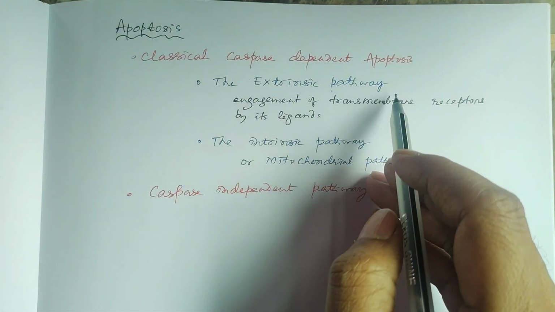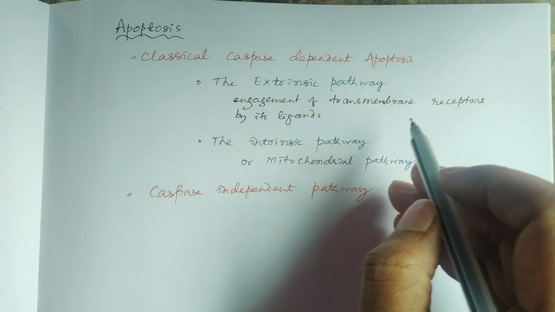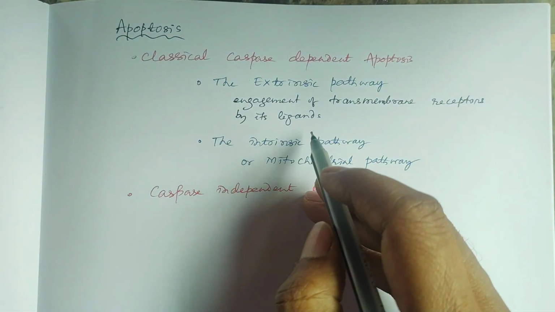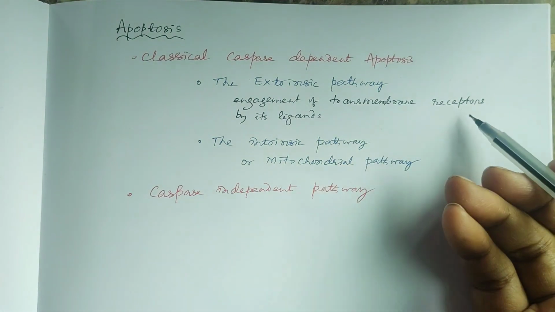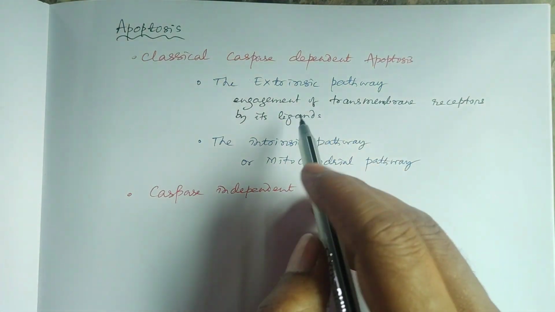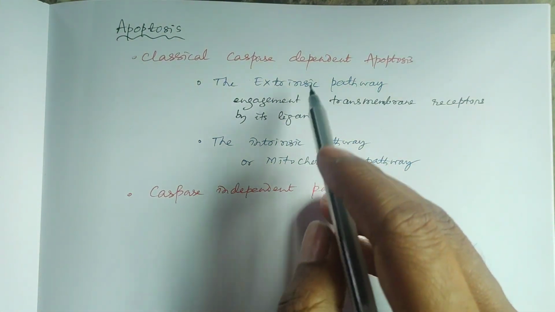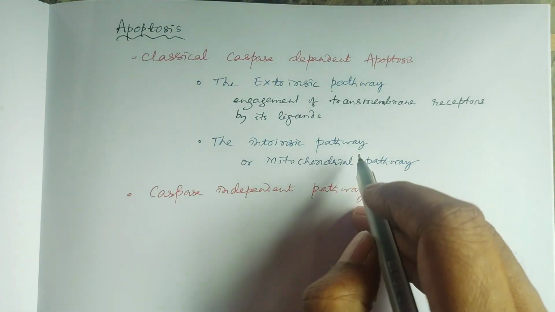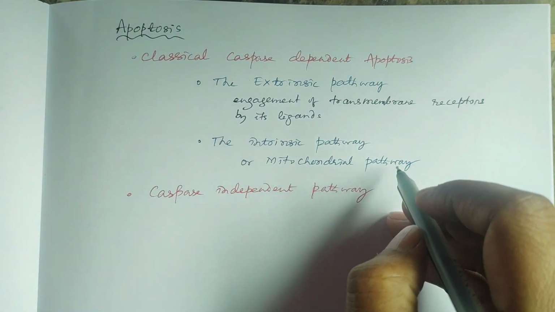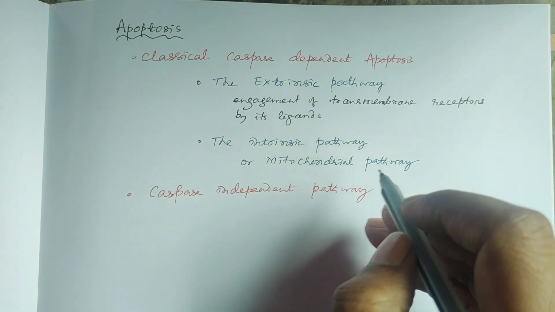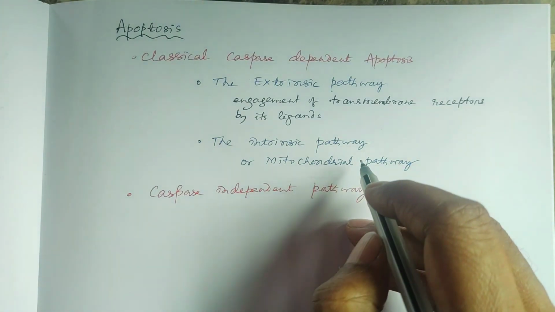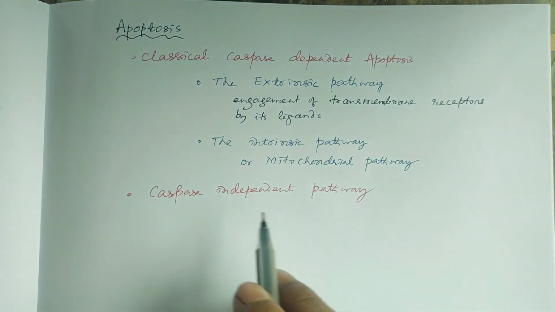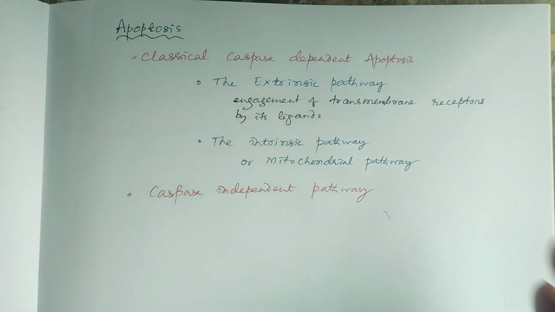In the extrinsic pathway, there is engagement of transmembrane receptors by external ligands. The intrinsic pathway is the mitochondrial pathway, involving the mitochondria. And the caspase-independent pathway is also there.